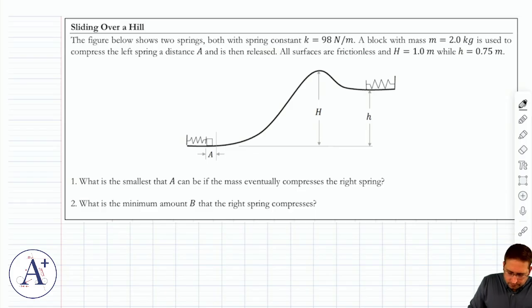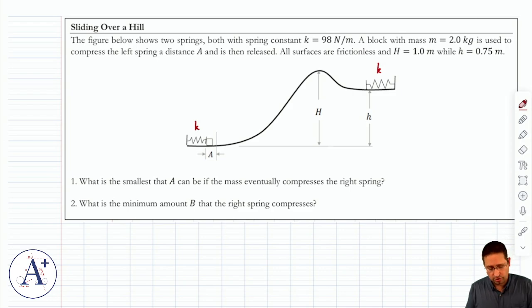Okay? So, I have two springs. They have the same constant K. So this is K, and this is K. I have a block of mass M that compresses the left spring an amount A and is released. All the surfaces are frictionless and I have the two heights. The goal is to get this thing over the hill so that it then compresses the spring on the right and eventually comes to a stop. And then the problem ends.